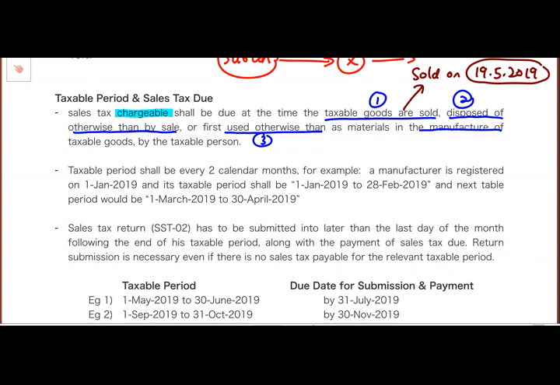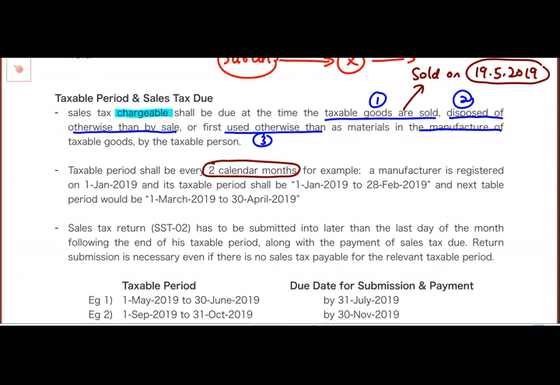We operate based on a 2 calendar month period. That's how sales tax works. That means your period will start, for example, January to February, then March to April, then May to June. But it's not always January to February because it depends on when you register.